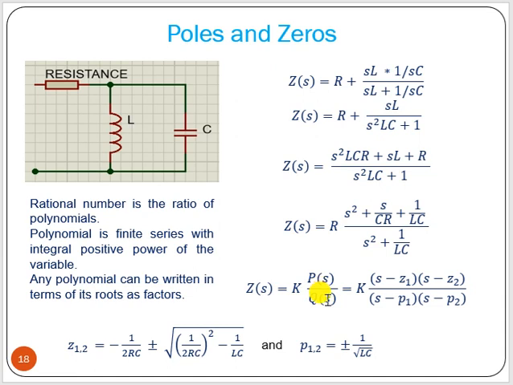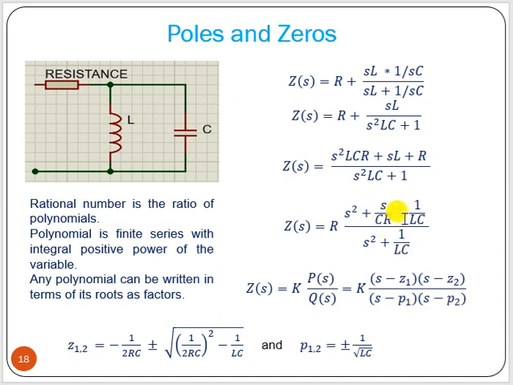Now this term P(s) is a polynomial. A polynomial can be written in terms of its roots as factors. Now this is s square plus 4s plus 1, so we can factorize that as s minus z1 into s minus z2. Similarly for the denominator, s minus p1, s minus p2.